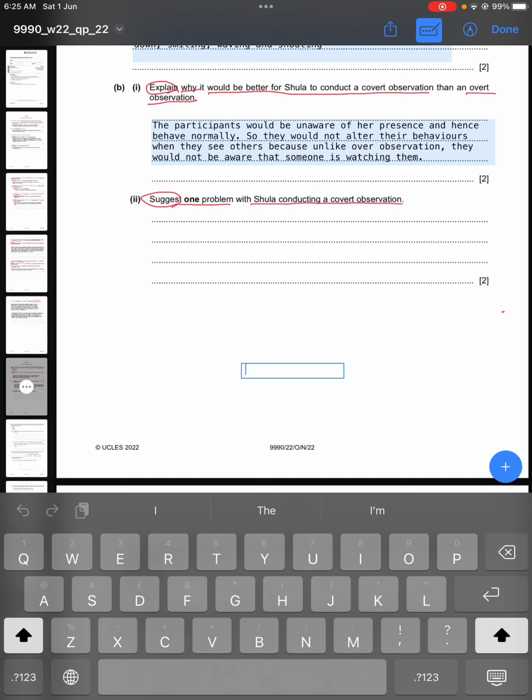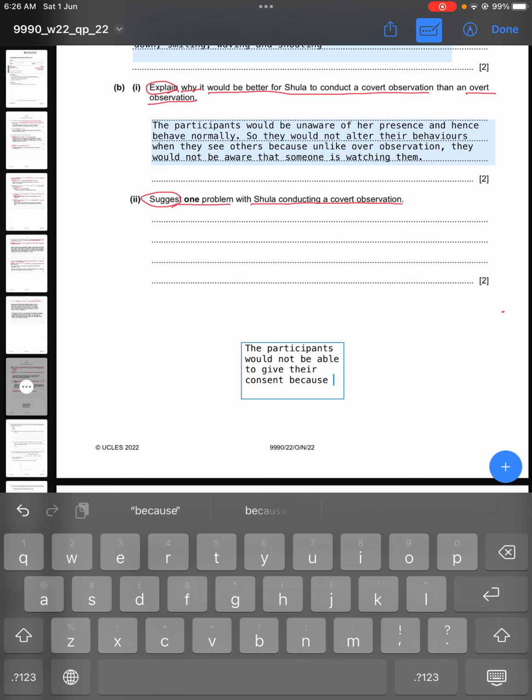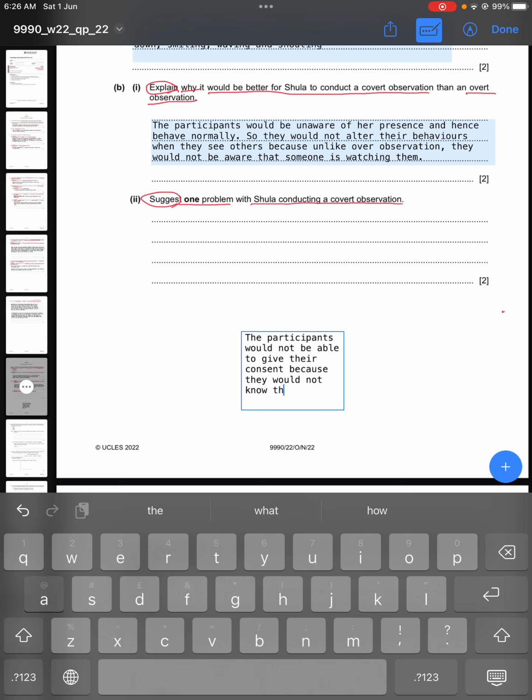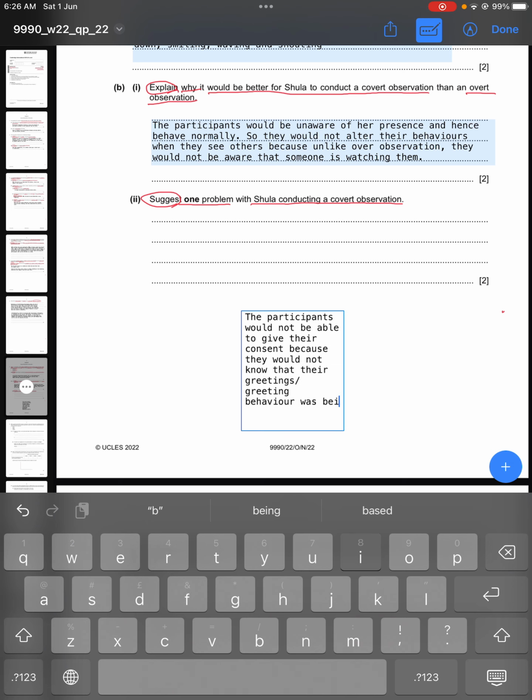So you can write that the participants would not be able to give their consent because, now link it to the study, because they would not know that their greeting behavior was being observed.